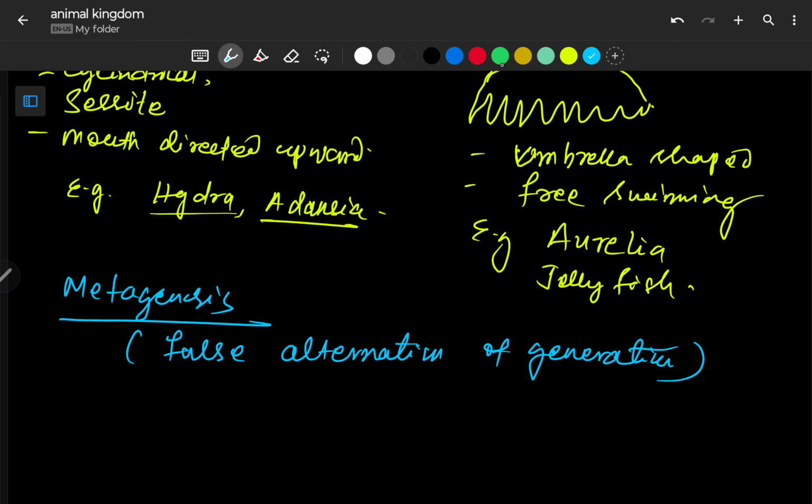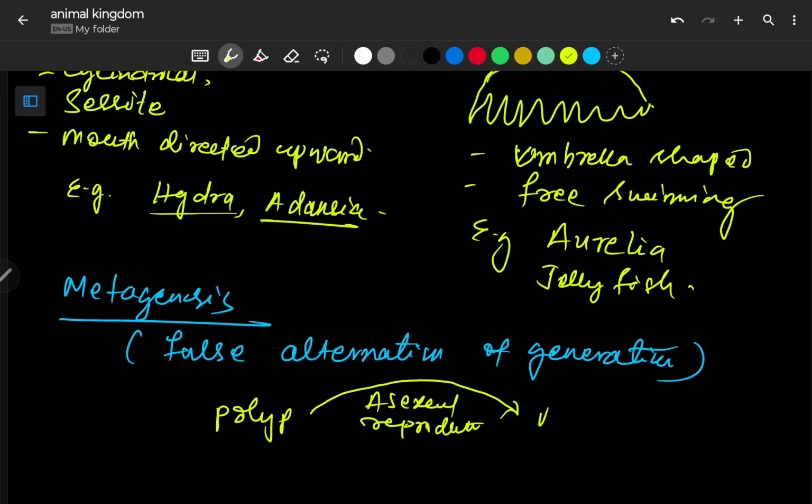But here I will show you what is alternation of generation, how they show alternation of generation. So polyp reproduces by asexual reproduction and it forms the medusa.